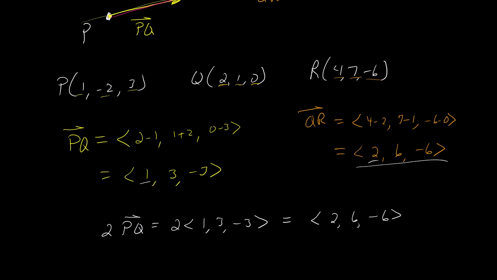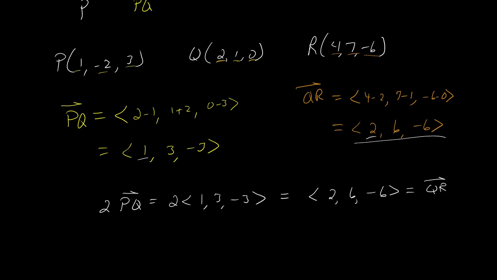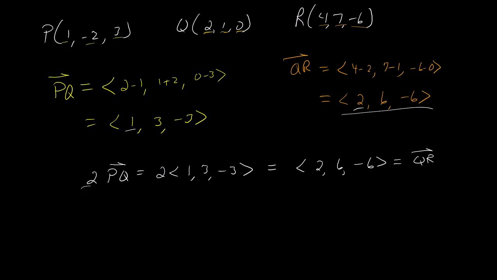And if you look, that's exactly what QR is. Therefore, there is a C, in this case 2, such that C times PQ is equal to QR. This does satisfy our definition, so we have that PQ is parallel to QR. Whoa, not bad. There we go. So this implies that P, Q, and R are collinear.